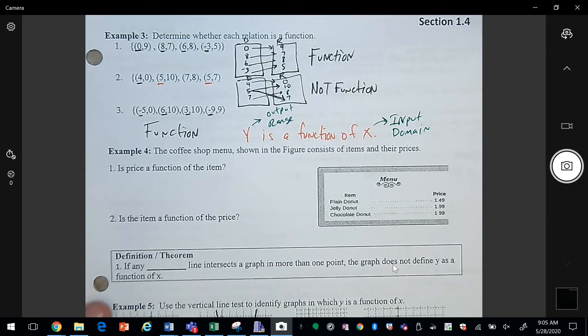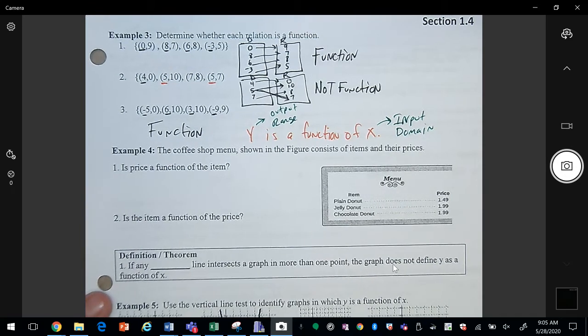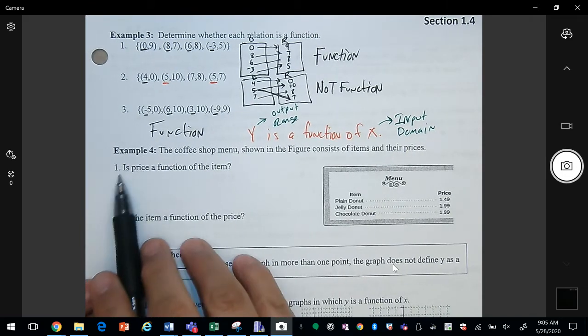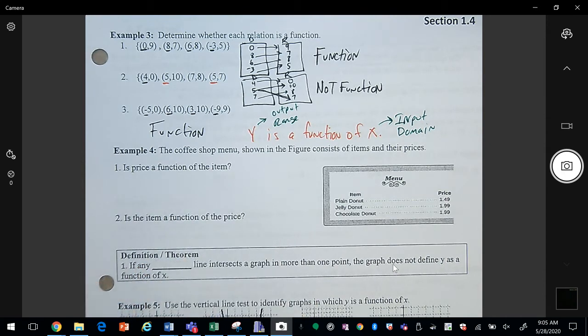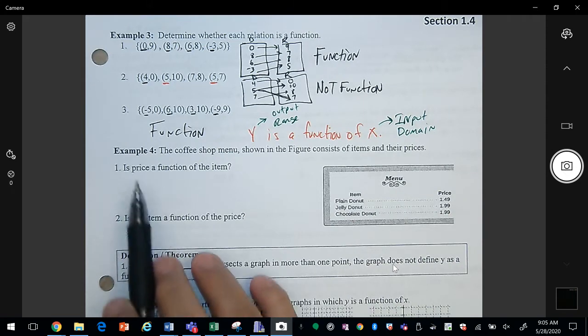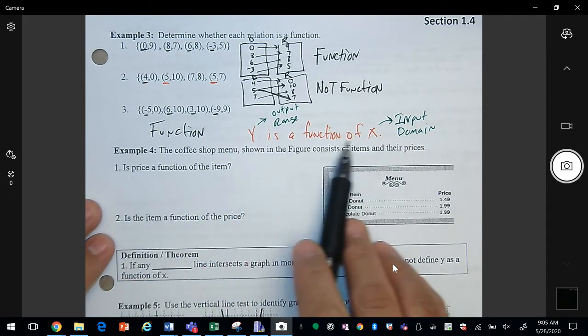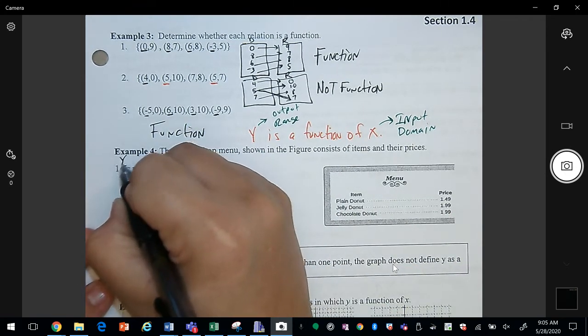Okay, so that statement is going to help us to do example 4. So it says, is price a function of the item? So we want to know which one is a domain. Is it price or is it item? Okay, so if we compare this sentence to y is a function of x, let me write it over here.